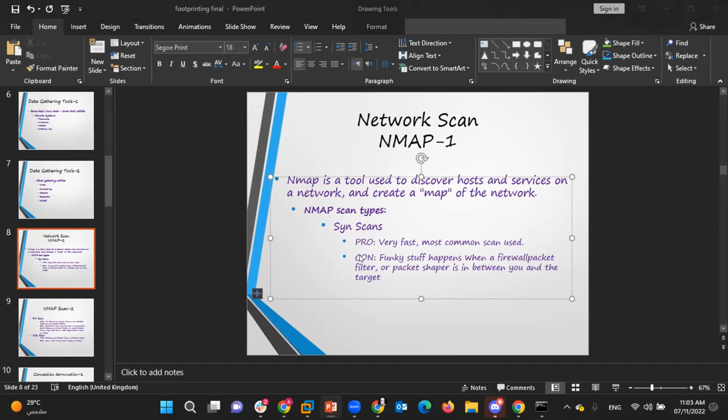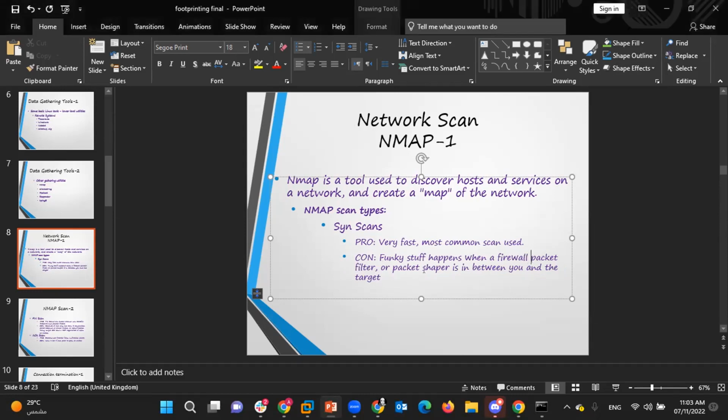It is flaky, so it is not useful. This is a disadvantage for the SYN scan. Target means the system you need to attack. Okay.